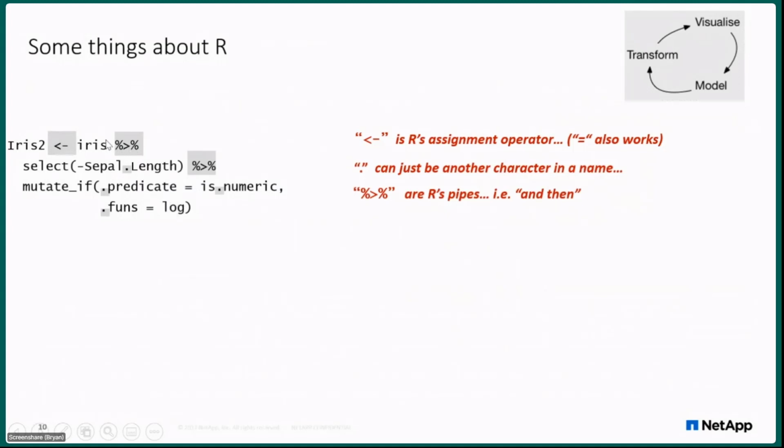That's how this can be read. So you're moving along this piped operation. One other note is that if you're doing visualization using ggplot, rather than the pipe being the percent greater-than percent sign, it is the plus operator. So when you see a plus in a visualization, these basically mean the same thing. They're both representing "and then" statements.